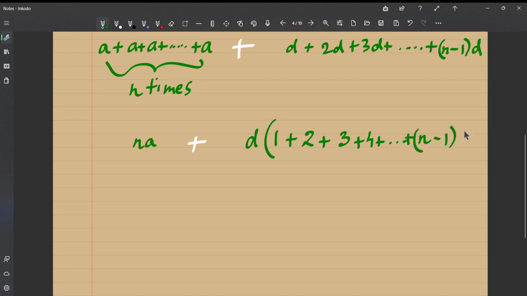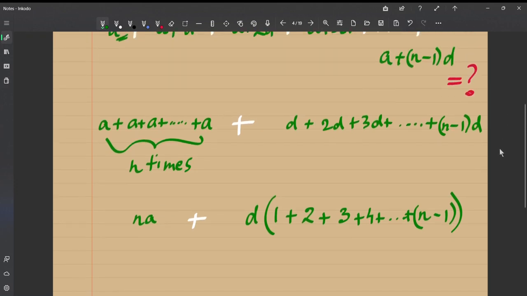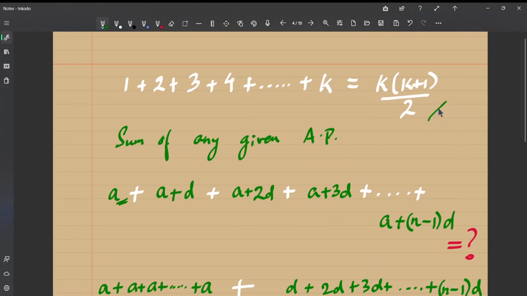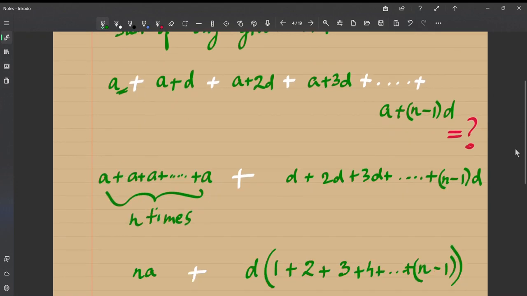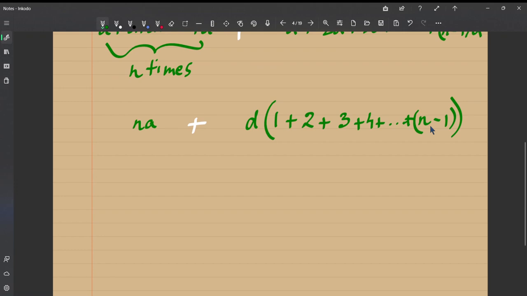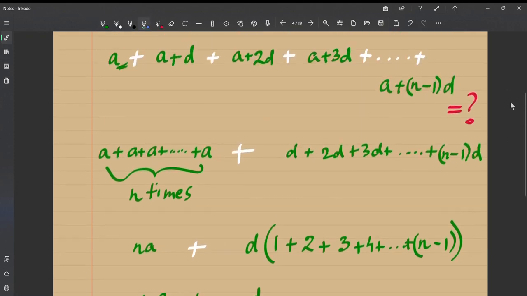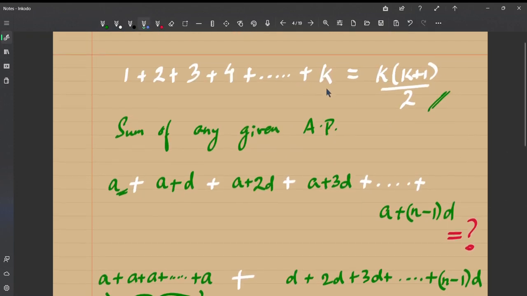Well, now conveniently enough, we have already derived the sum of natural numbers up till k terms, which is equal to this thing over here, and we see that we have n minus 1 terms this time. So what does this simplify to? D times, well, n minus 1 in place of k. Where there were k terms, the sum was k into k plus 1 over 2.